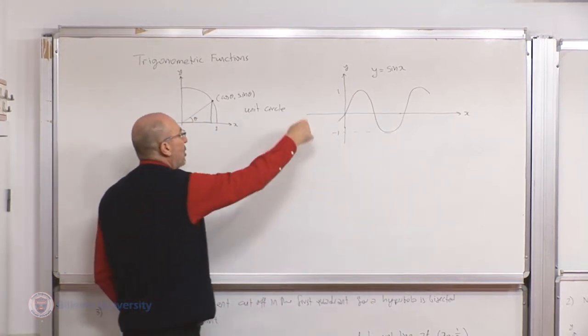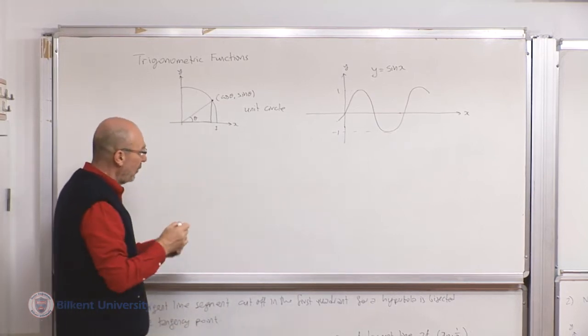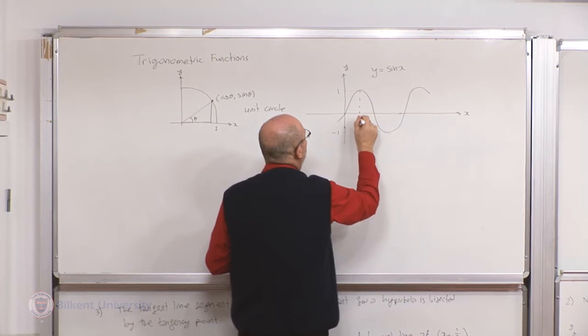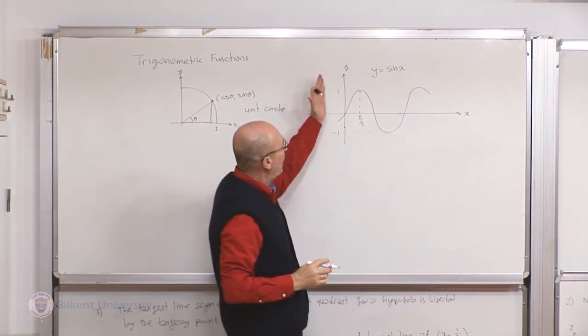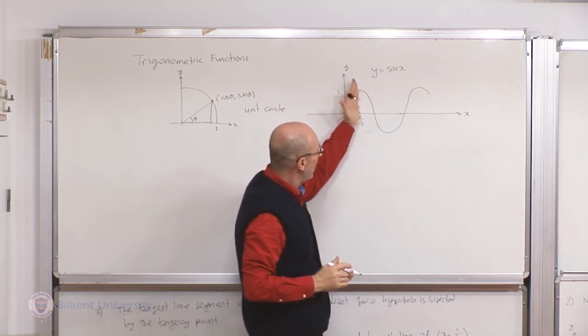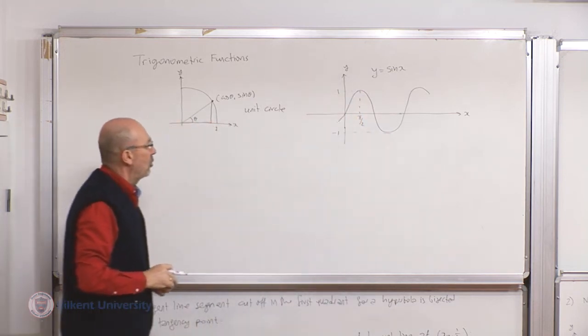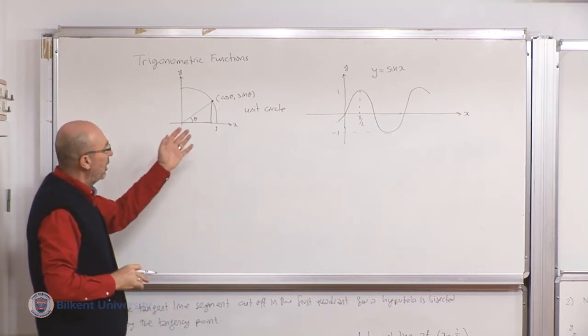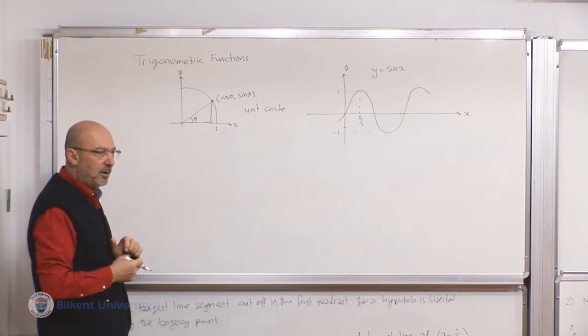Also on this side. If this is pi over 2, the graph of cosine x is you just push it here. Now what you see is the graph of cosine x. Then we have tangent. The other trigonometric functions are ratios or combinations of these.